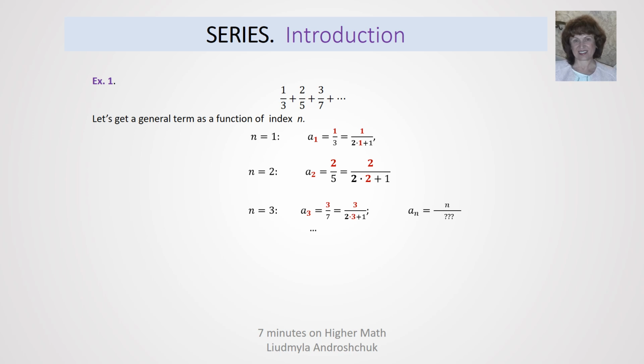For the third term, when 2 is multiplied by index 3 plus 1, we get 7. So the general term is n divided by 2n plus 1, and the series can be written in extended and brief form with the general term n divided by 2n plus 1.